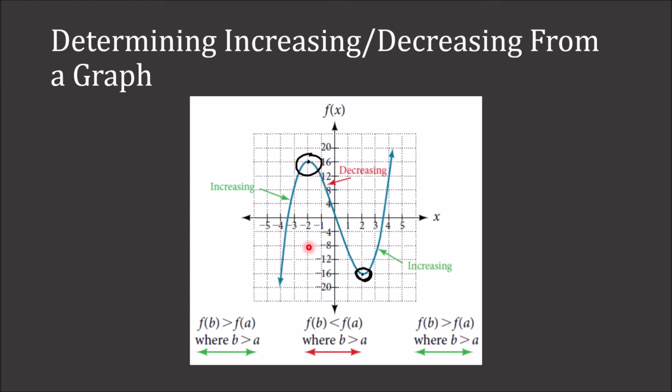So what happened? Well, it switched at a local maximum. Likewise, at this point, the graph switched from decreasing back to increasing. So it switched from decreasing to increasing at a local minimum. That will be important when we look at this graph.